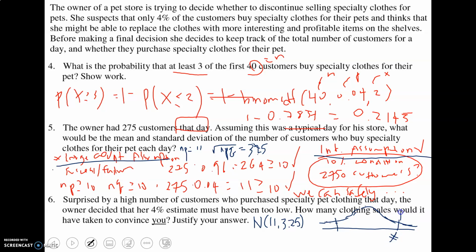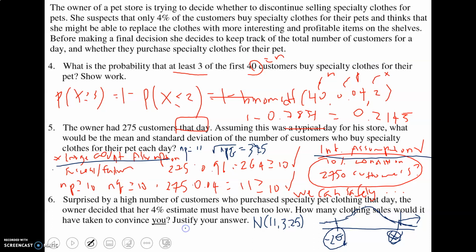So now we are looking at this side of the number instead of this side, because in the other problem it was this number, since we wanted to make sure whether it is too high, right? And now we are looking at whether it is too low. So we are looking at this number right here. I'm going to just assume 2 standard deviations away. So 2 times 3.25 is 6.5.